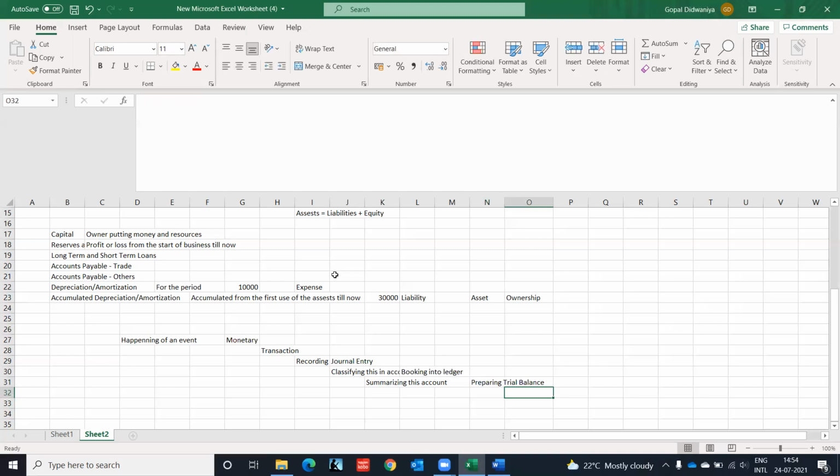Then comes reporting, where you prepare financial statements. So you have the transactions, you record, classify, and summarize, and after summarizing you report. This is the complete accounting cycle.